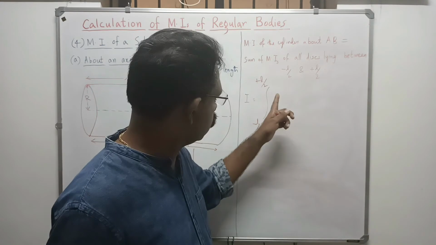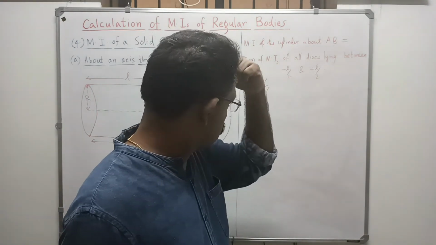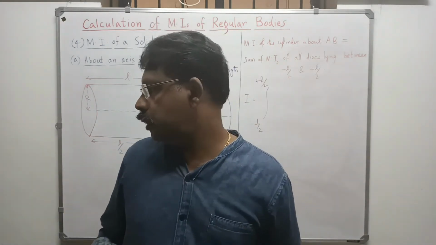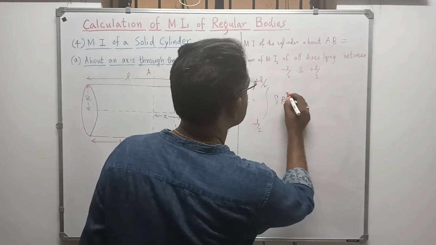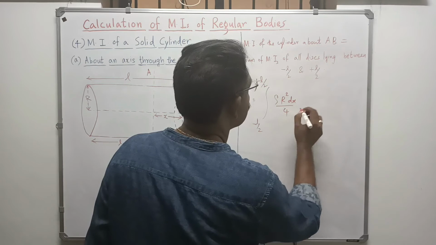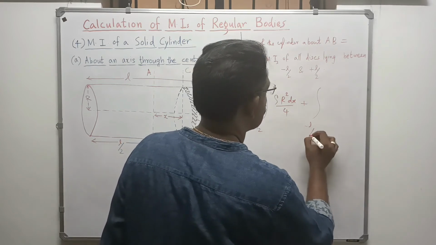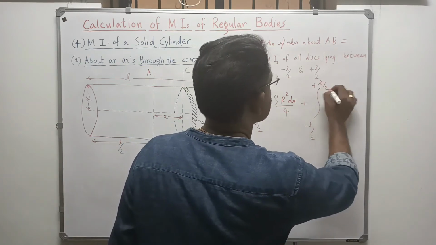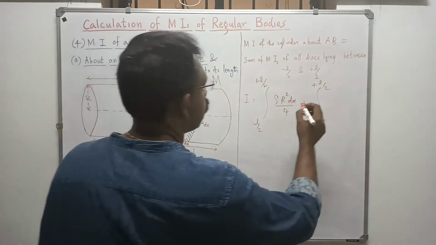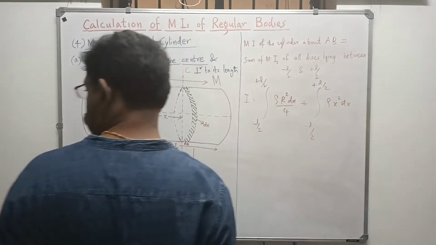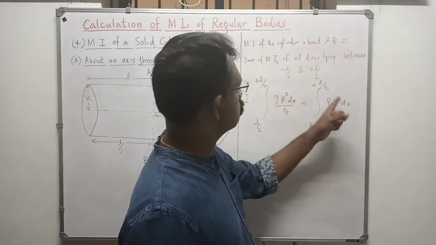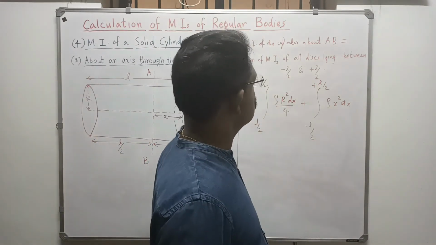So from that equation, I will take the integral from minus L by 2 to plus L by 2 of rho r squared dx by 4, plus the integral from minus L by 2 to plus L by 2 of the second term, which is rho x squared dx. Okay, this is what we are going to write.